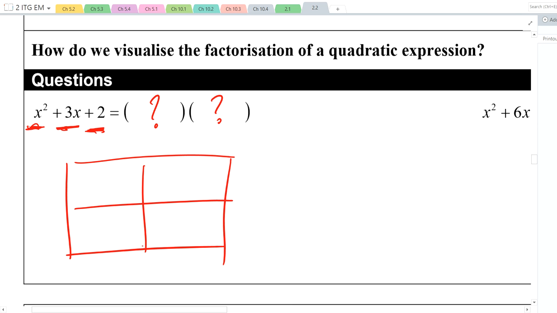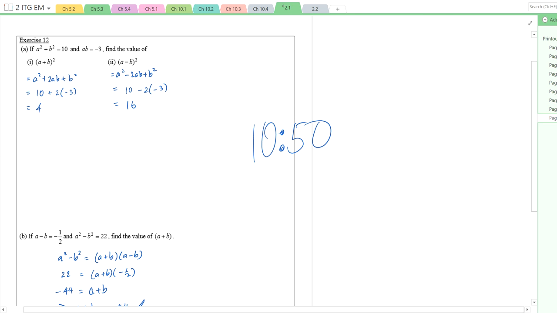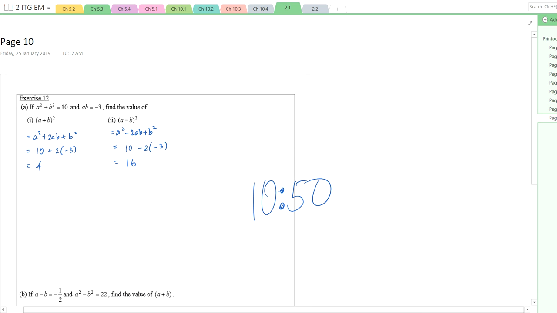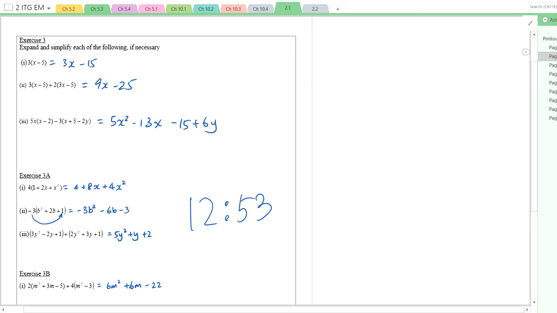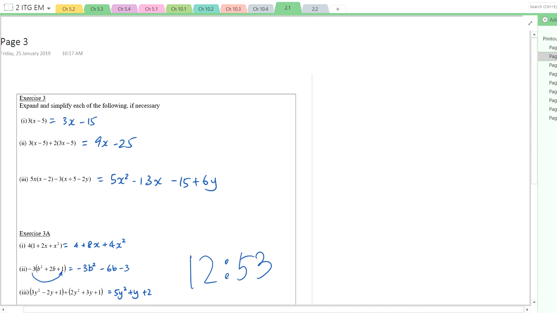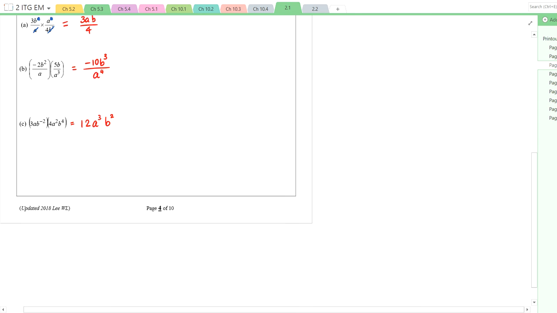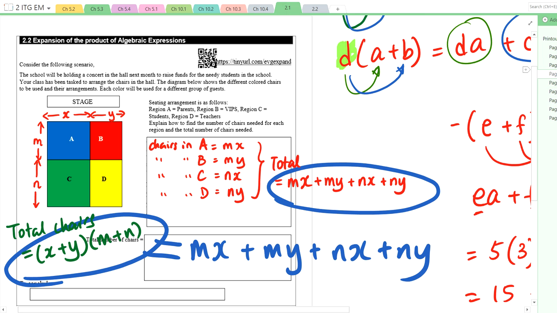You have something like this? When was the last time you saw 4 boxes like this? Which page is it? This one. You see the boxes over here?